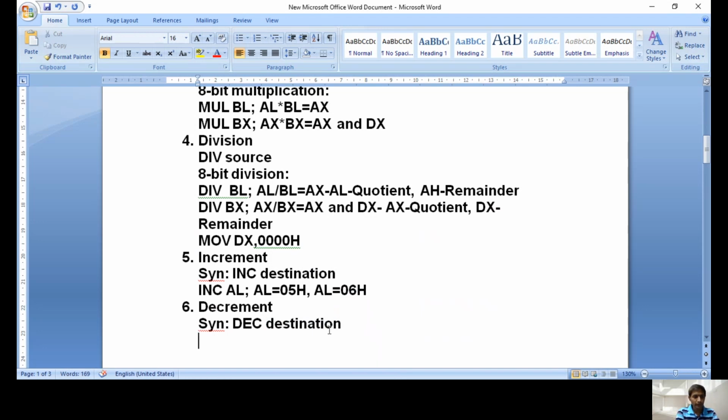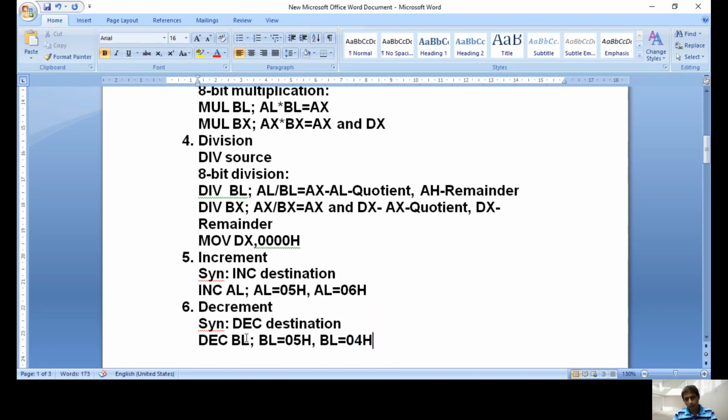For example, if I am writing DEC BL. Assume BL is already, for example, 05H. So if you perform decrement BL, then the BL content is decremented by 1. So 05 becomes now 04. Like that, the content of the destination is decremented by 1 if you perform the decrement instruction.